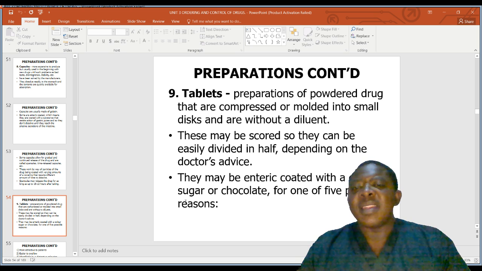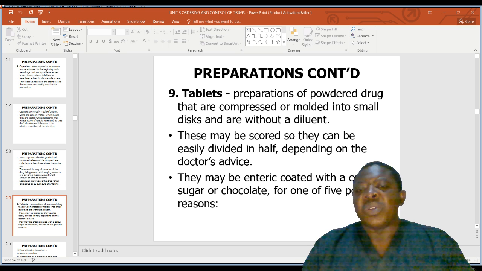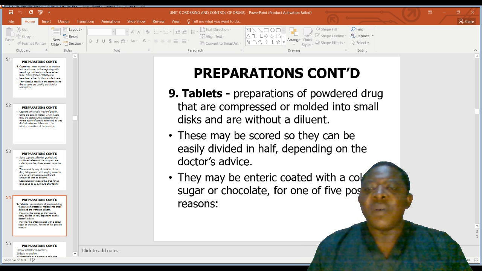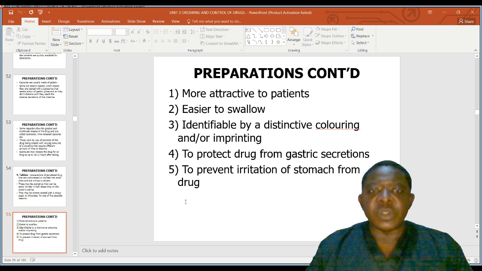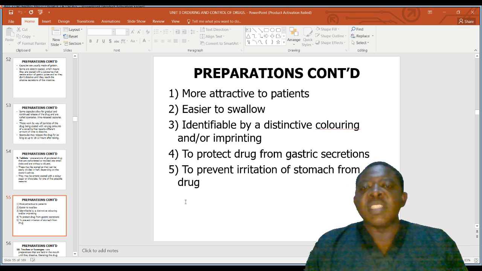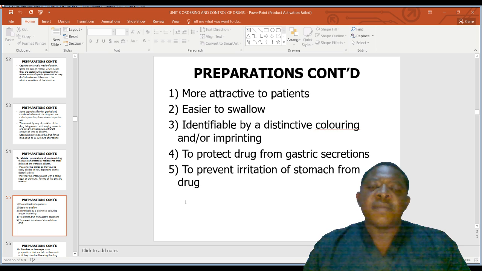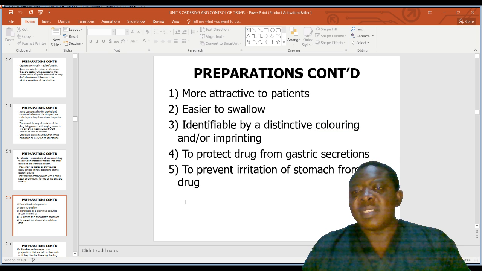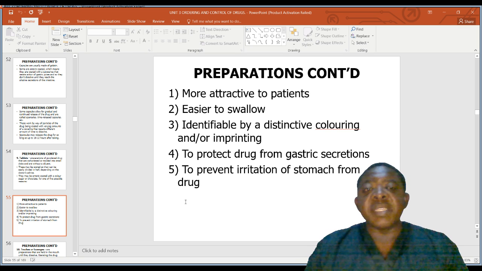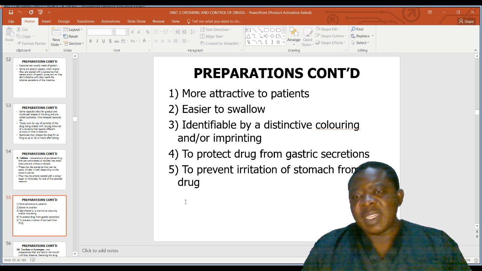They may be enteric coated with color, sugar, or chocolate for one of the possible reasons that I'm going to give here. One of them is to make them more attractive to patients, easier to swallow, identifiable by a distinctive coloring or imprinting. Then the other reason is to protect the drug from gastric secretion.